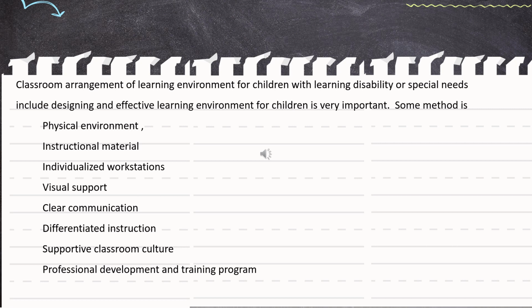A well structured classroom management and collaborative learning environment is crucial for several reasons. It promotes effective communication, fosters a sense of community, and enhances student engagement. Additionally, cooperative learning arrangement encourages teamwork, critical thinking, and problem solving skills. Also, preparing students for real world collaboration and social interaction.